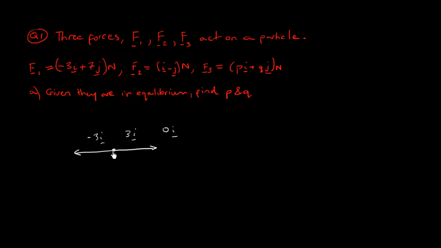Now if you add them together, what would be your final resultant? If you put them on top of each other, you end up with one pointing this way, the other pointing that way, and the overall result is 0. You start from the tail of the first vector, and you end up on the head of the second vector, and you end up with a zero vector, and that's why it's in equilibrium.